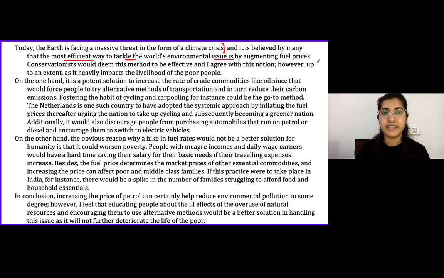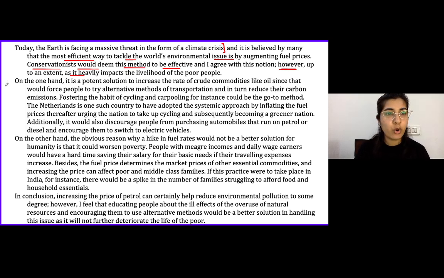That is my paraphrasing, right? And I've then given my opinion. Conservationists would deem this method to be effective. This is functional language. This really ups your score on vocabulary, so do try and use it. And I agree with this notion, however, up to an extent, and I've given my reason as well, as it heavily impacts the livelihood of the poor people.